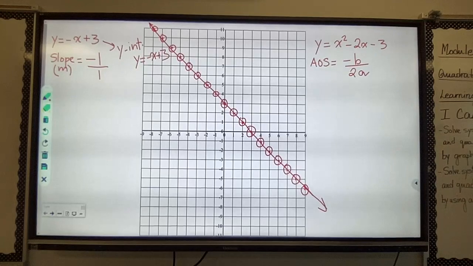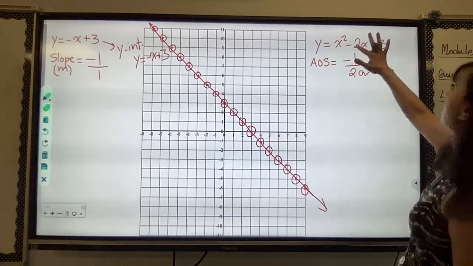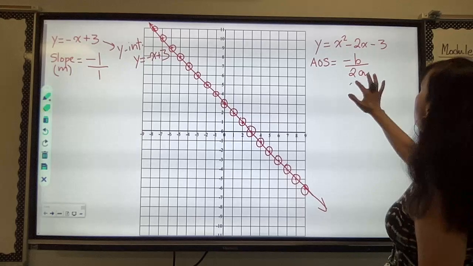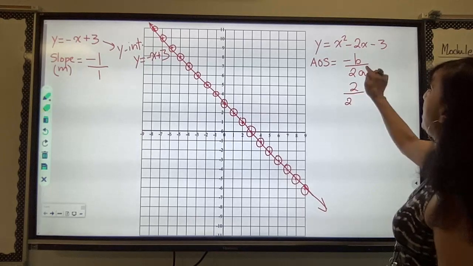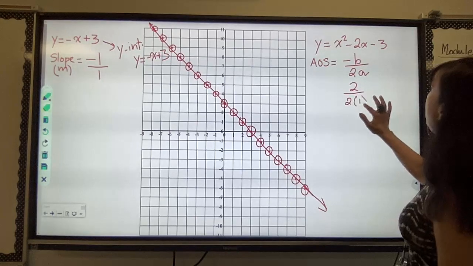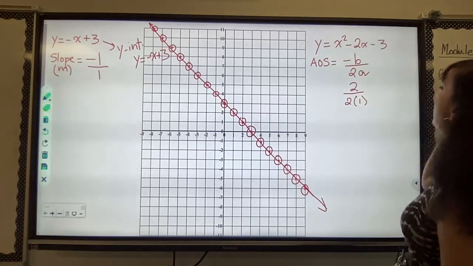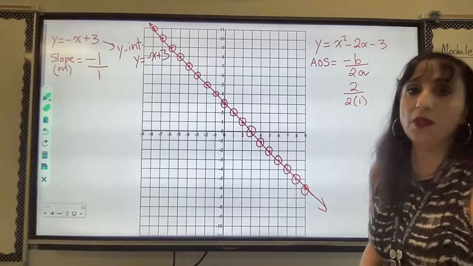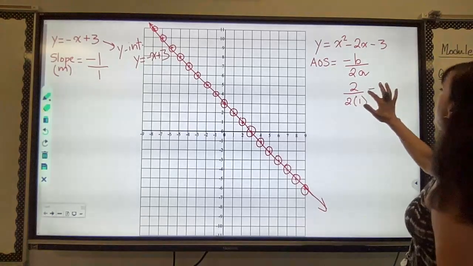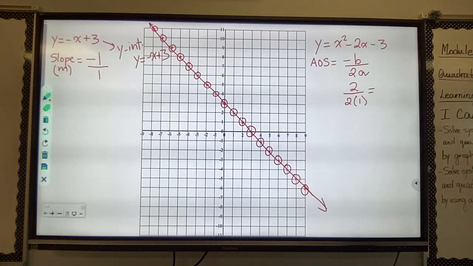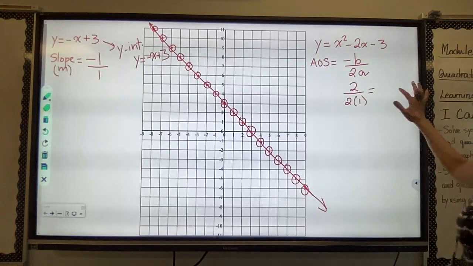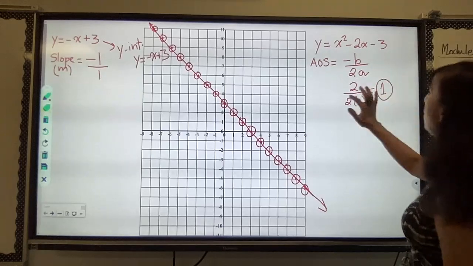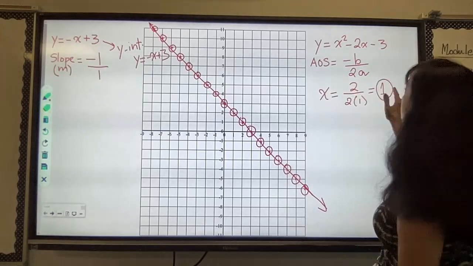Okay, and so what is the opposite of -2? It's going to be 2 over 2 times 1, because my a is 1, my b is -2. And that gives me 2 divided by 2, and I get my axis of symmetry as 1, which is my x is equal to 1.